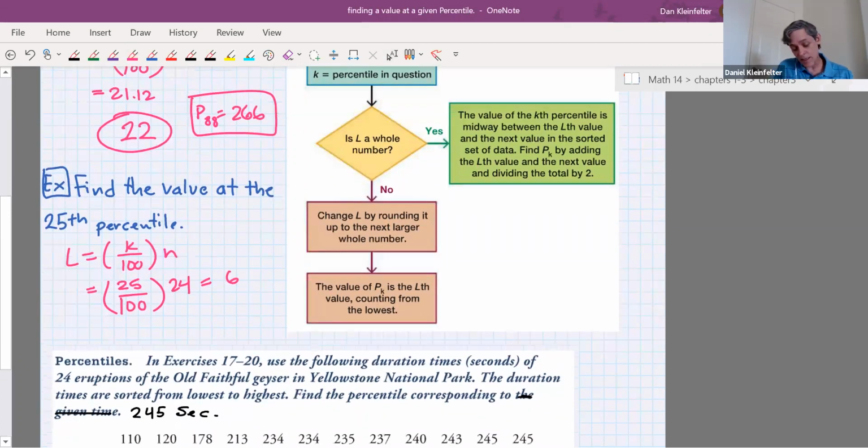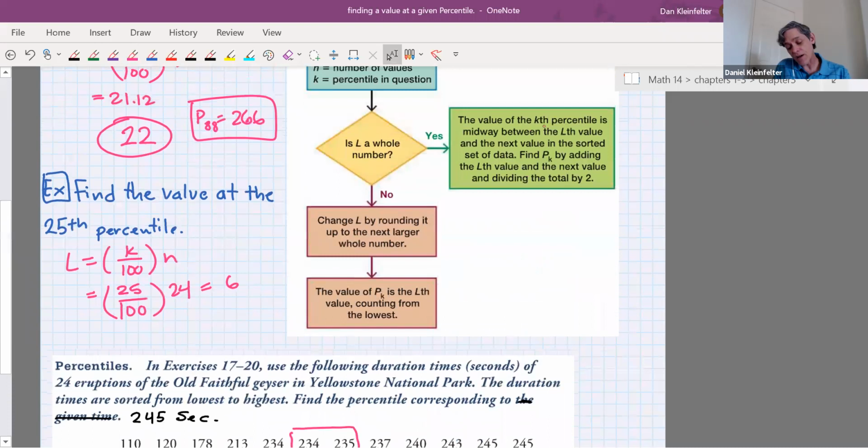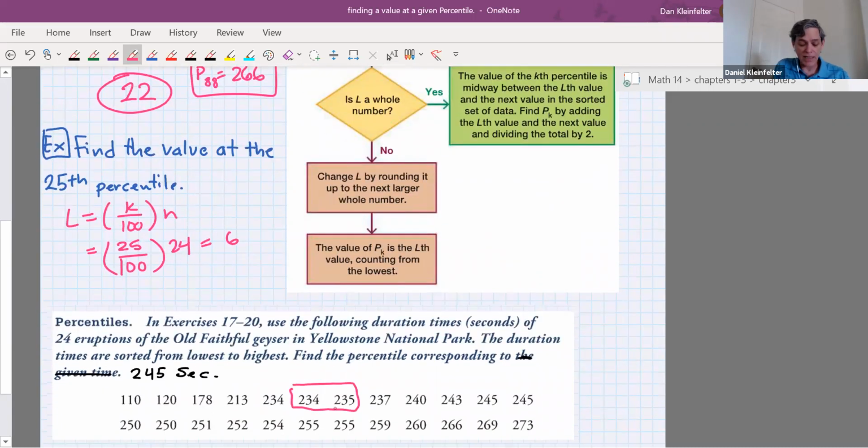So let's look in our data values for the 6th number. 1, 2, 3, 4, 5, 6. So the 6th one is that 234. It says the value of the kth percentile is midway between that one and the next one. So basically take the mean of that number and the next. So it's 234.5.